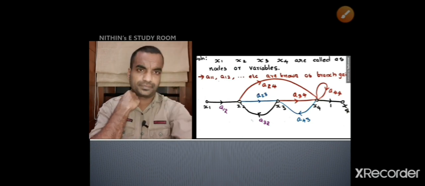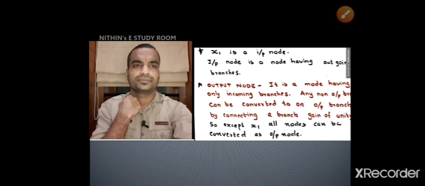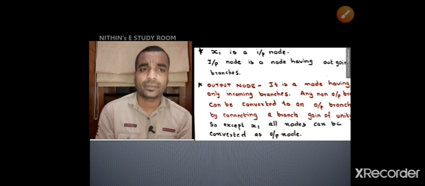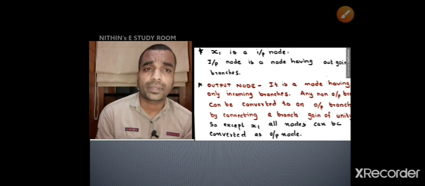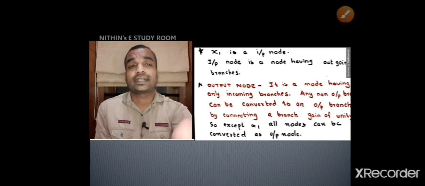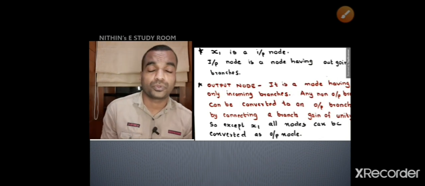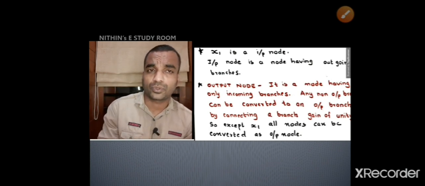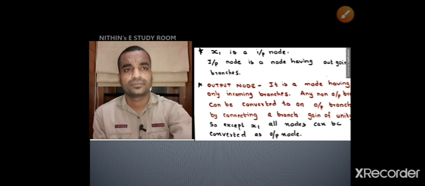So an output node is a node having only incoming branches. Any non-output branch can be converted to an output branch by connecting a branch gain of unity. So except x1, all nodes can be converted to output nodes. Here I am converting x4 to an output node, and x1 is already given as an input node. It is a perfect input node.